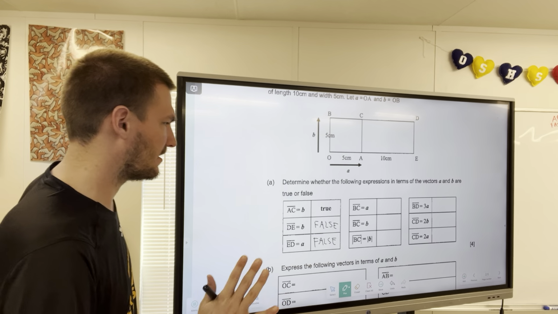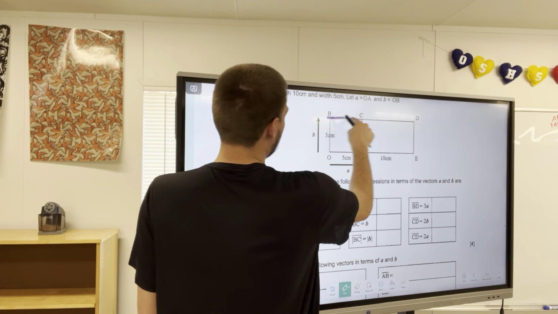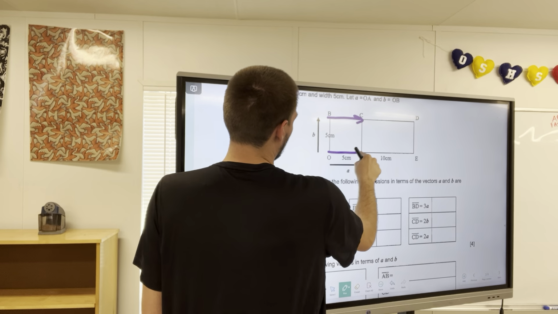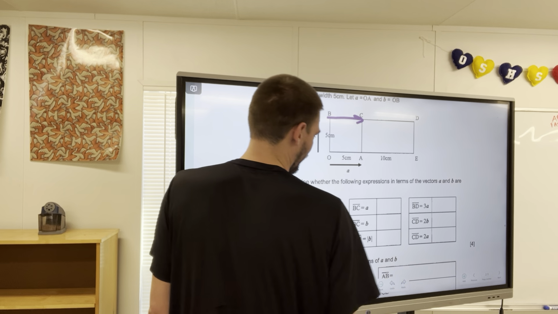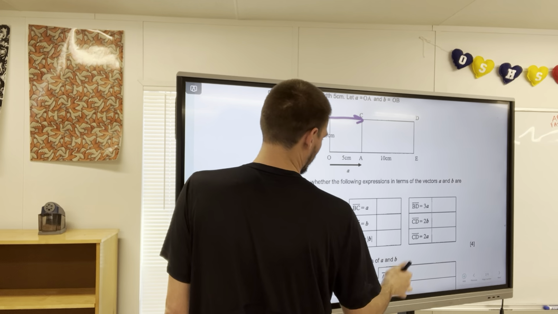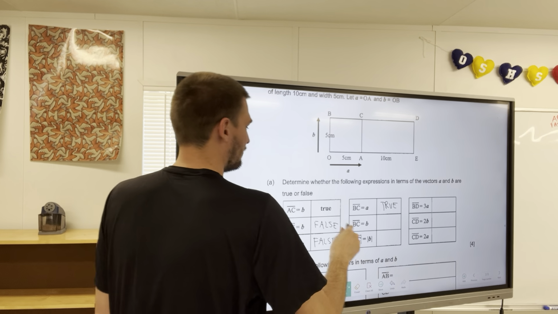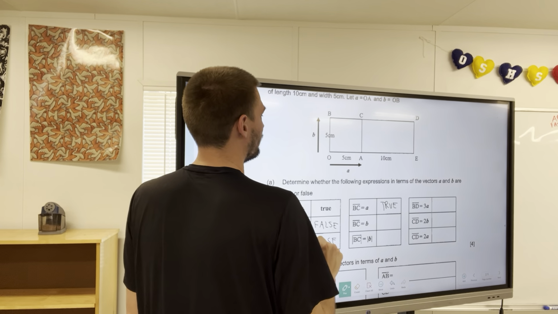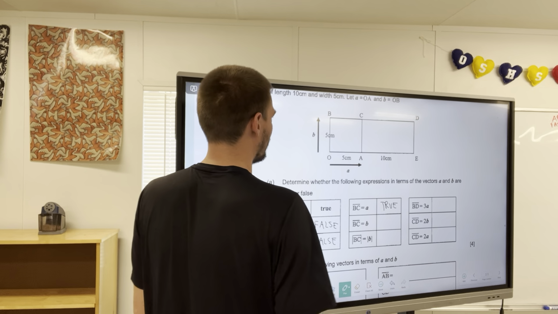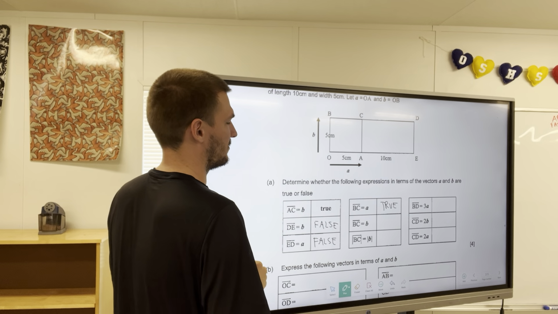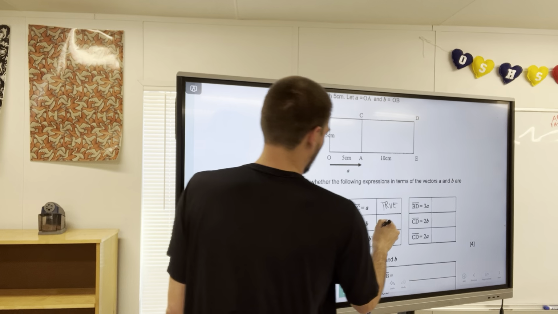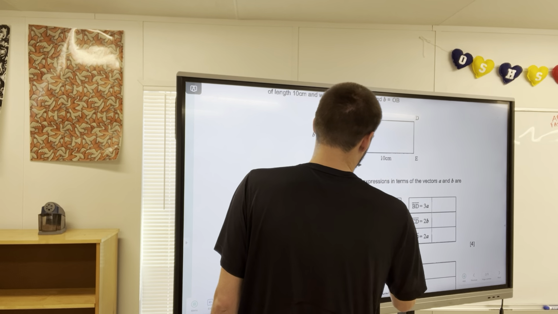It's definitely not a difficult process. BC equals B. True or false? True, with some guts. Is BC, the vector, equal to B, the vector? True. False. Nice, Grady. Some real guts on it. Way to go.